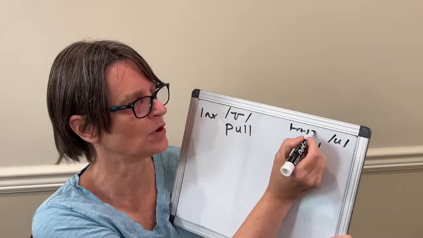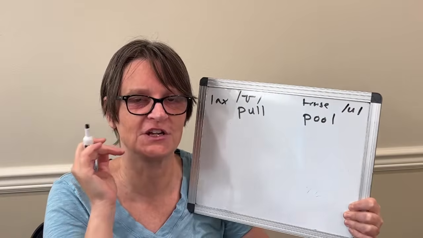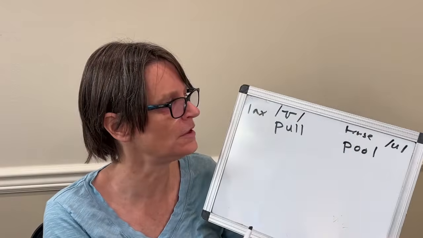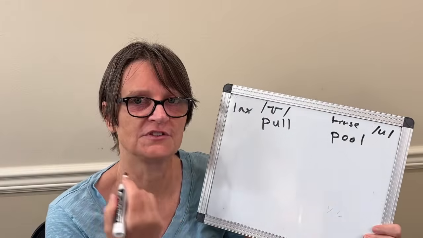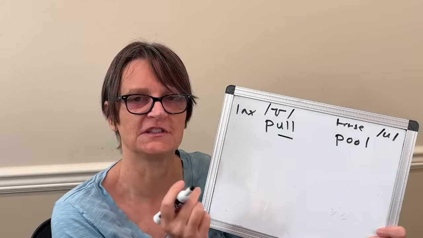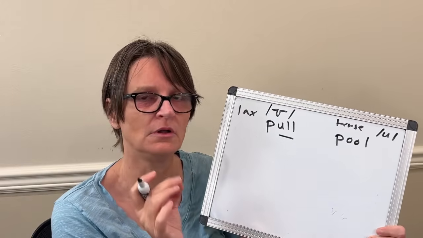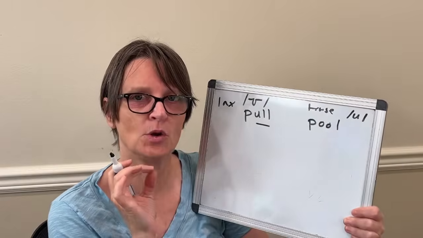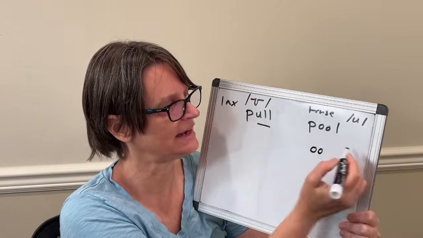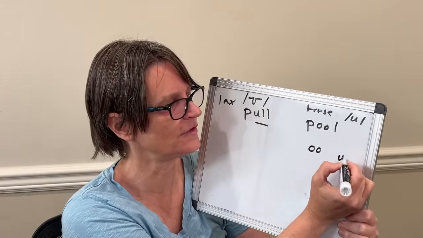My lips are more pursed, and the back of my tongue is higher for this vowel. The other thing that you'll notice is that pull, as it goes into the L, doesn't really have much of a slide. I can just do "ul" pretty smoothly. In pool, I have the oo sound sliding into the ul sound for that dark L.